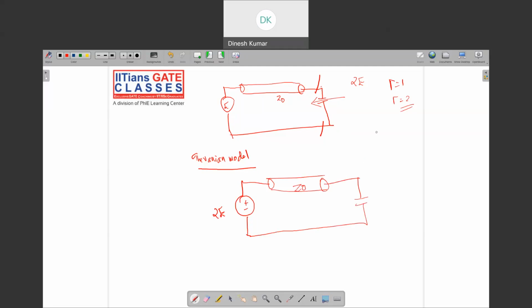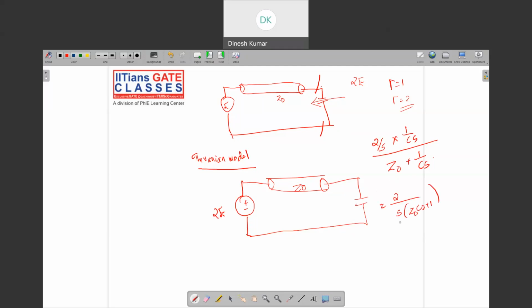That will be, in the S domain, 2 by S into (1 by Cs) divided by (Z0 plus 1 by Cs). If we substitute everything, Cs will get cancelled. It is 2 by S into (Z0 Cs plus 1).